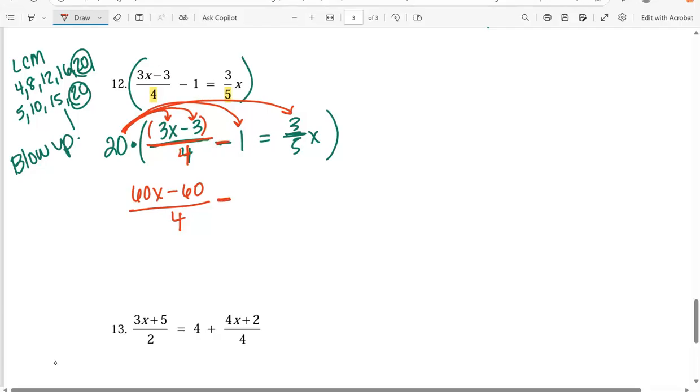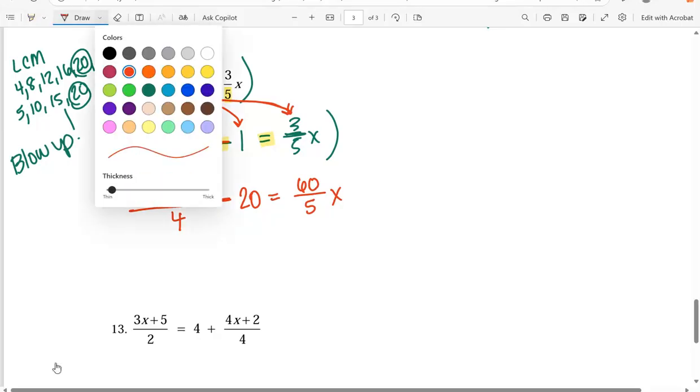Then I have a subtraction, bring it down. 20 times 1 is 20. Distribute to everybody. And 20 times 3 is 60. I still have a divide 5 and an x. Remember that it's the pluses or minuses, the equal signs that separate those terms.